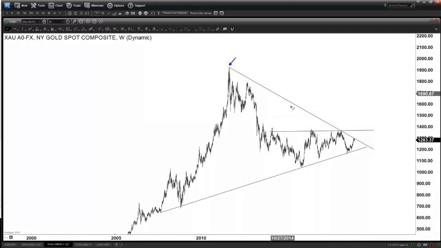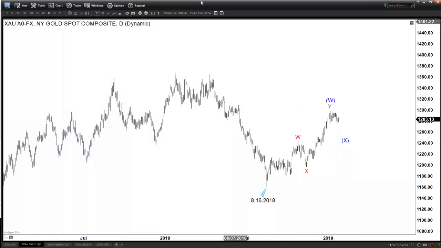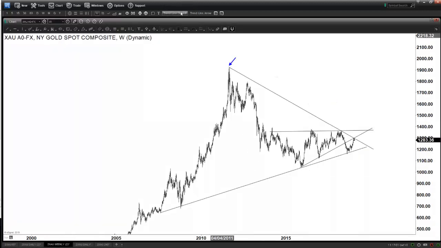You can see there is another trend line here, so that's why I think 1300 is significant. Technically this can go lower as much as it wants, just like in the weekly. It can continue to consolidate within this big range for a long time, for many weeks, many months.